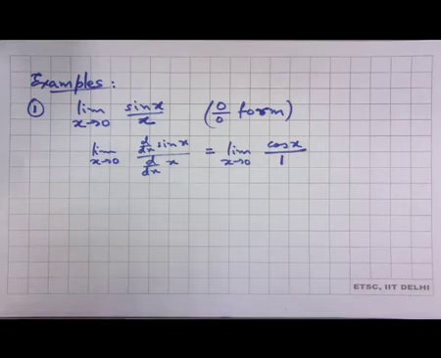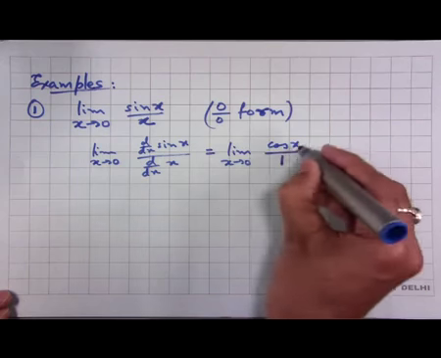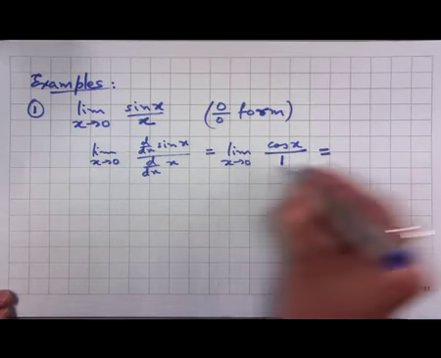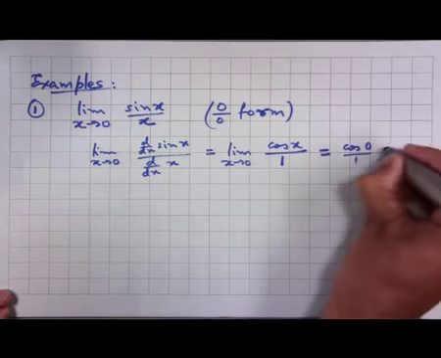So, we get the limit of cos x by 1, and the limit of cos x as x approaches 0 is nothing but cos 0 divided by 1. So, this is equal to 1.